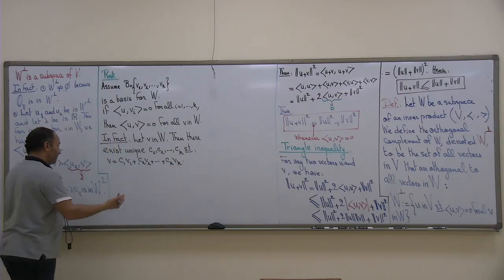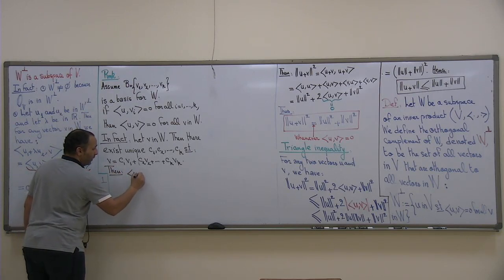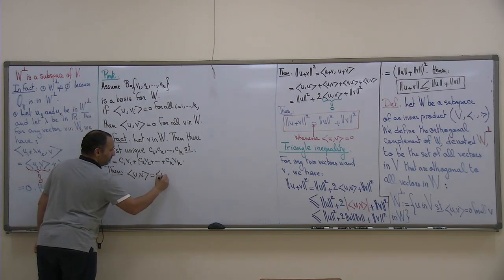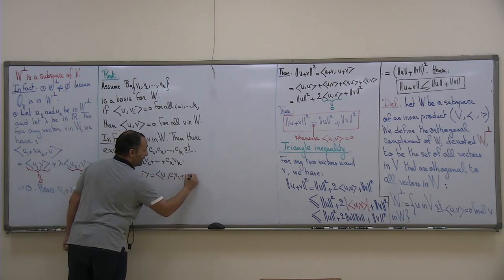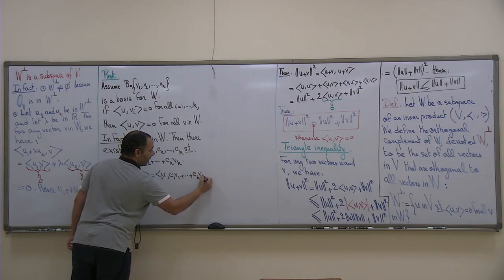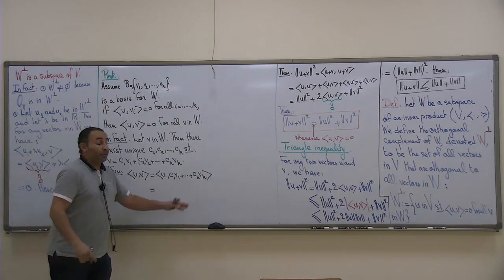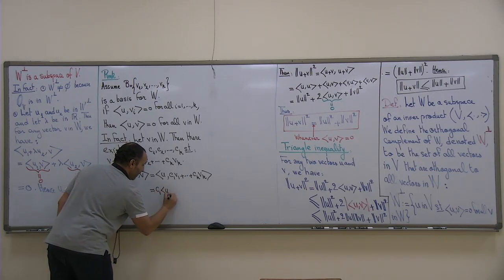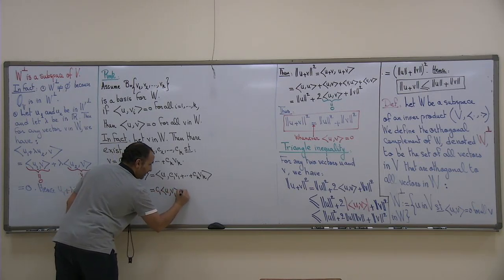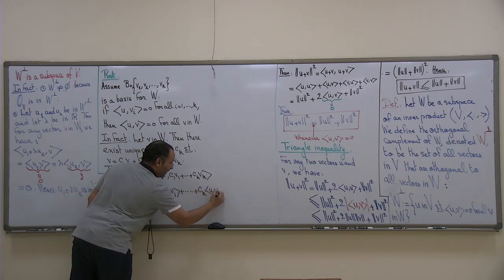Now let's take the inner product of U with V. It is going to be equal to the inner product of U with this linear combination, C1 V1 plus ... plus Ck Vk. And then I use the property of the inner product. This will be C1 times the inner product of U with V1, plus, and so on, till Ck times the inner product of U with Vk.